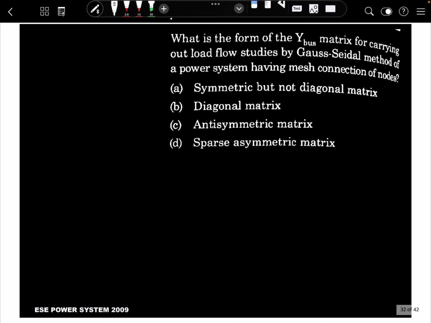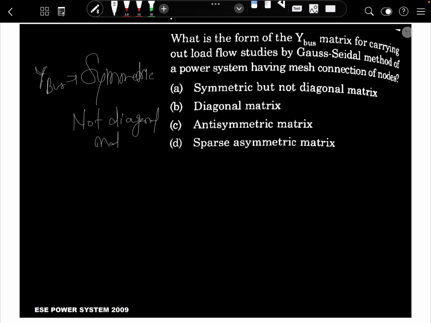Next, what is the form of the Y bus matrix for carrying out the load flow study by the Gauss-Seidel method, having mesh connection of nodes? Now always remember, Y bus is symmetric and not a diagonal matrix.